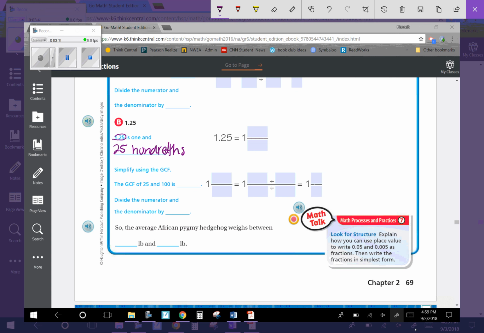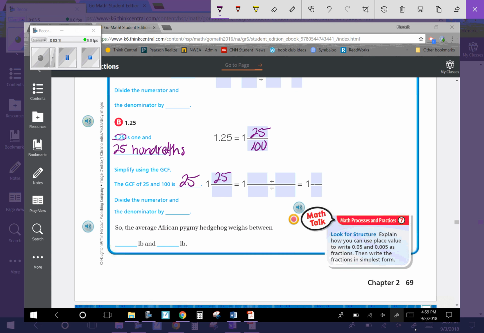Oops, I forgot D. 25/100. So we're going to write that as 1 25/100. Simplify using the GCF. The GCF of 25 and 100 is 25.